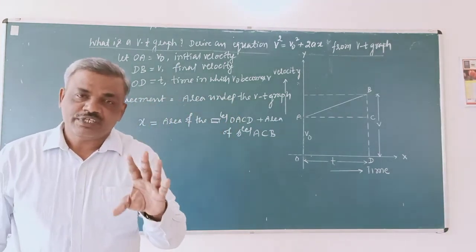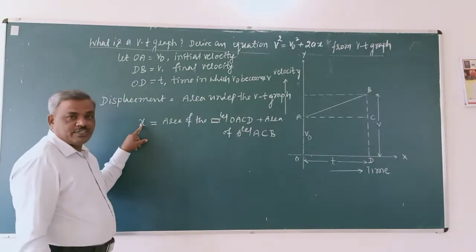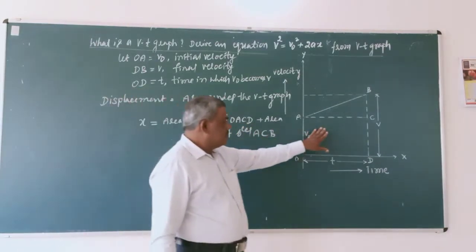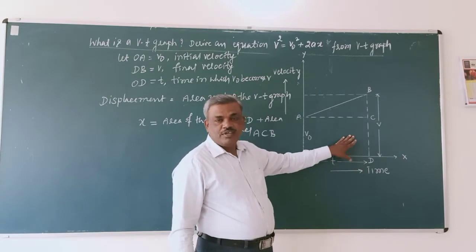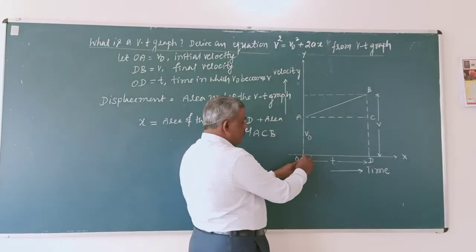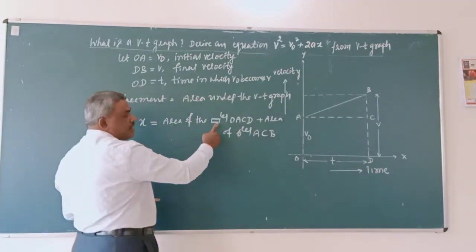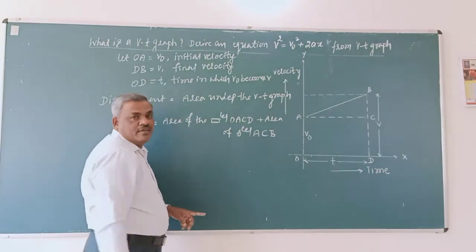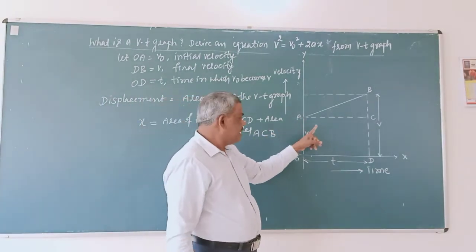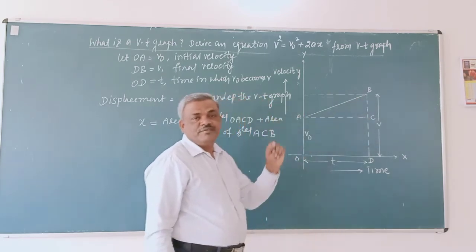Students, once again I am telling. Now observe here, displacement equal to area under the VT graph. Area under the VT graph means here area of the rectangle OACD plus area of the triangle ACB.